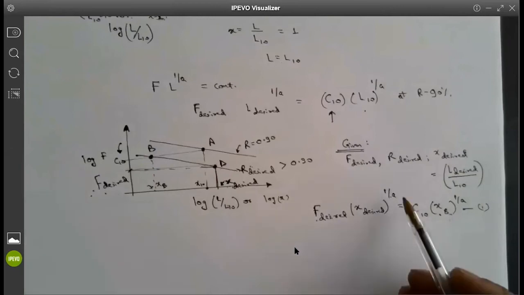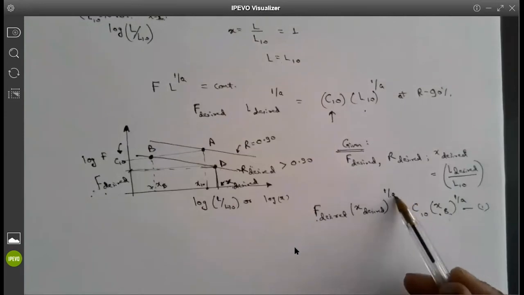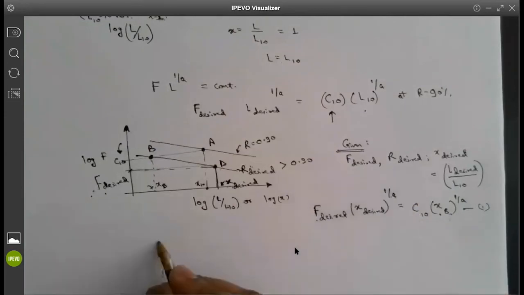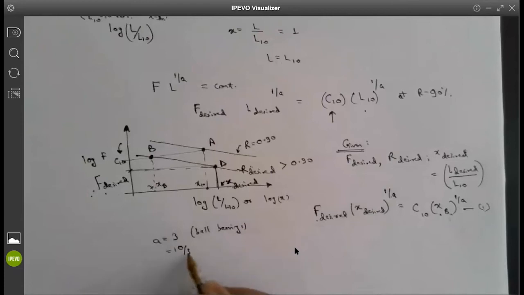Let me ask, what is the constant A? Is it known or not? We should know, depending on the bearing we want to use. If you are working with ball bearings, you know exactly what A is. A equals 3 for ball bearing and 10 divided by 3 for roller or cylindrical bearing.